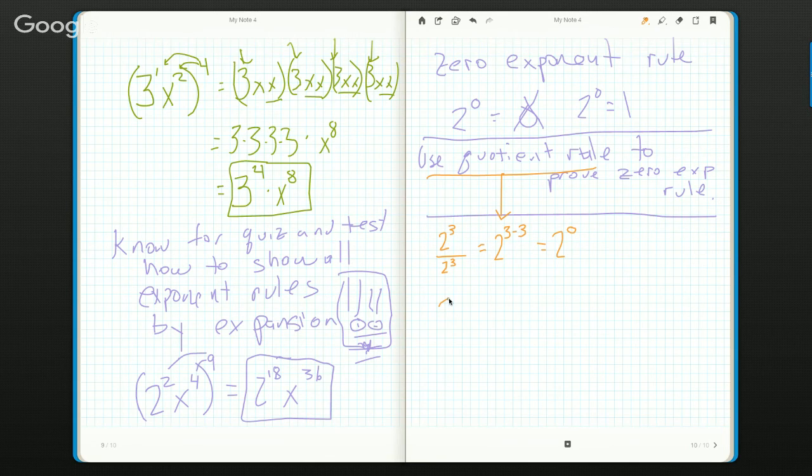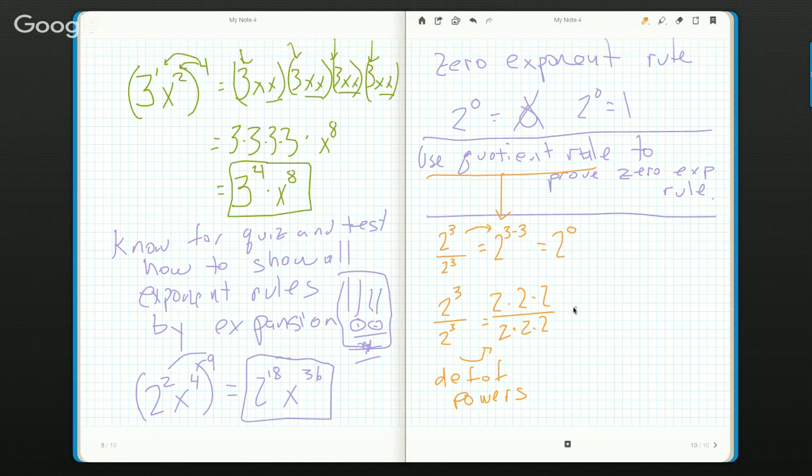Now let's look at it another way. 2 to the 3 over 2 to the 3 is equal to 2 times 2 times 2, all of that over 2 times 2 times 2. Here I used the quotient rule to get from here to here, and to get from here to here, I used the definition of powers.